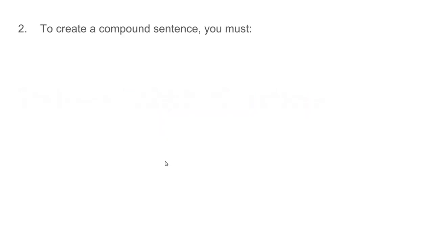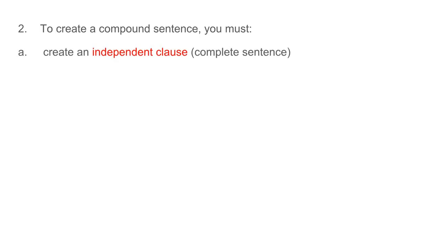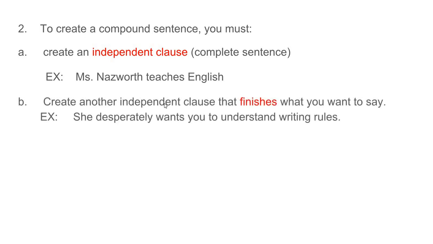So to create a compound sentence, you must create an independent clause first. You've got to come up with a complete sentence. So for example, Miss Nasworth teaches English. That's a complete sentence. Yes, I know there's not a period at the end. It's going to be okay. And then we're going to create another independent clause, another complete sentence that finishes what I want to say.